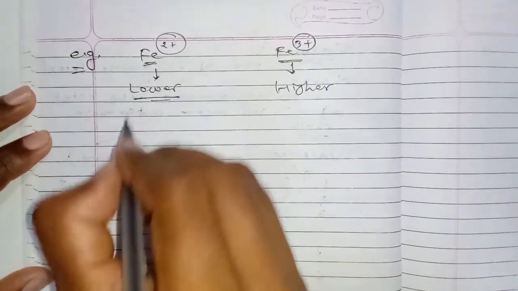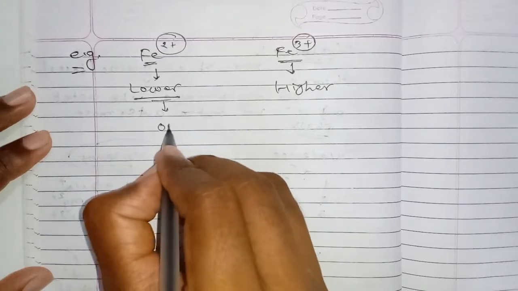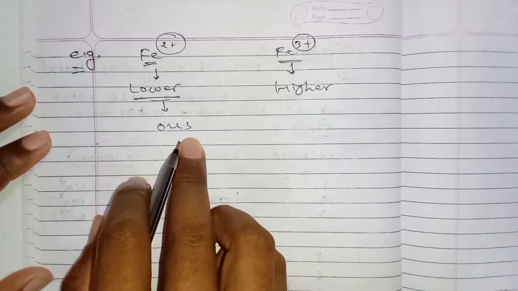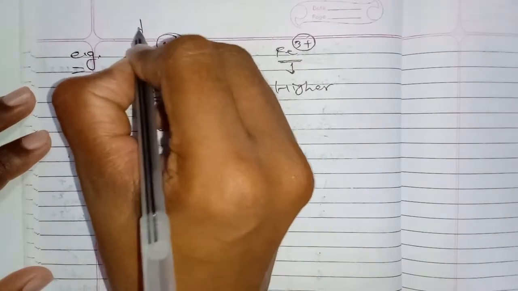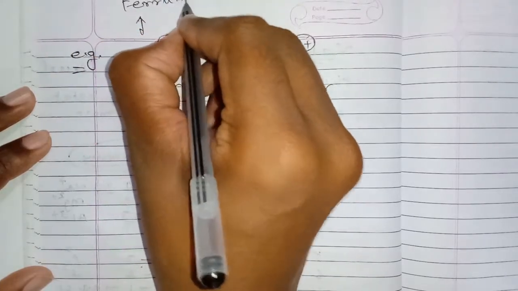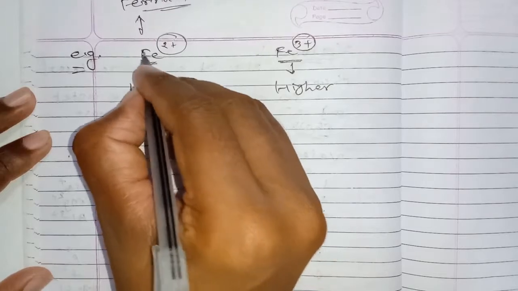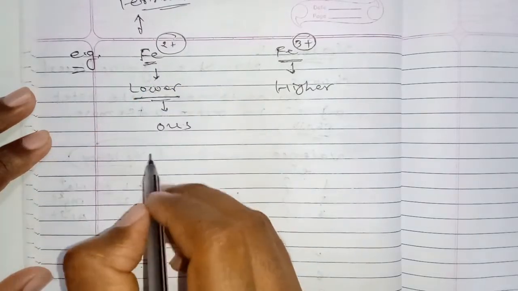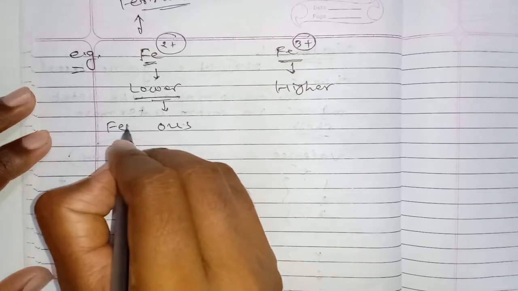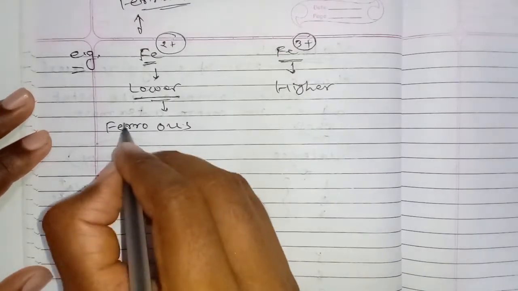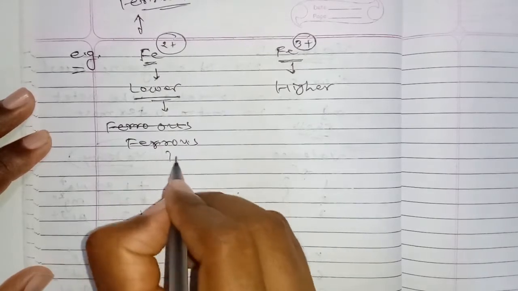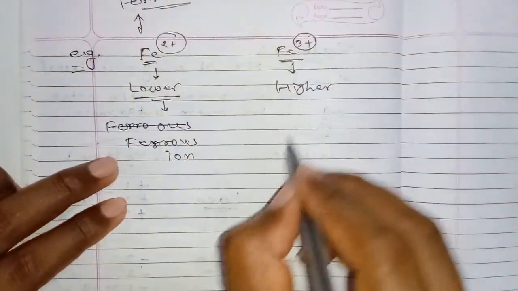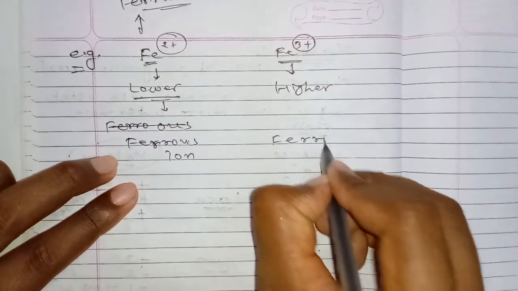Whenever it is lower valency, its suffix will be OUS. From the Latin name ferrum, its symbol is Fe. So Fe2 plus is the ferrous ion, and Fe3 plus is ferric.